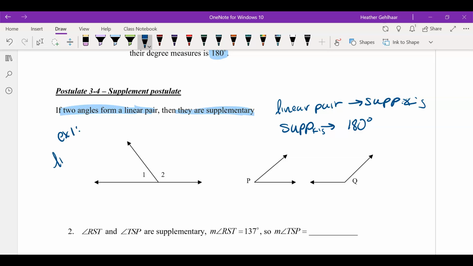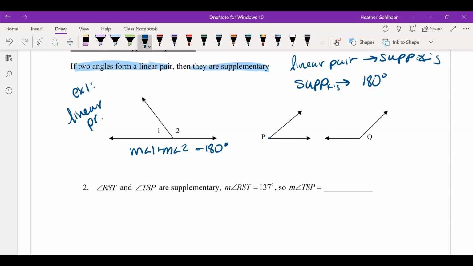Okay, so here is the first example, example 1. This is a linear pair, and they are supplementary. So we know that the measure of angle 1 plus the measure of angle 2 will equal 180 degrees. The next example is another one where, let's say, they are not connected. They have two different vertices.